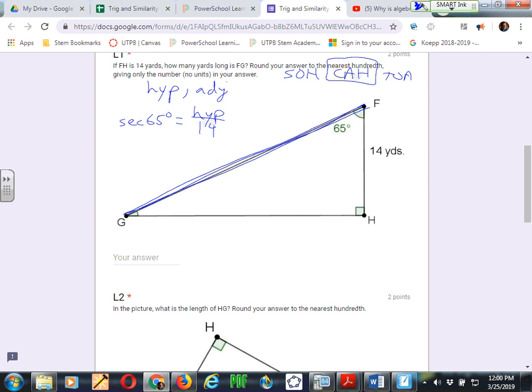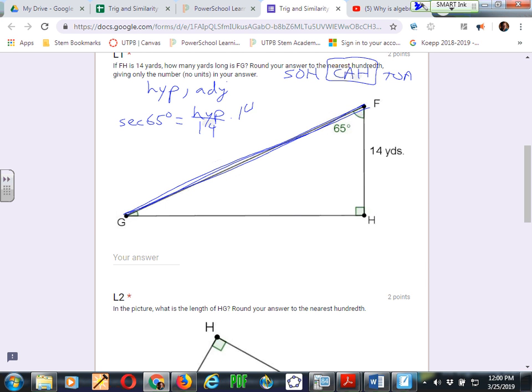So if I do it this way, the algebra is easier because all I've got is something I'm trying to find. When I divide it by 14, I get secant of 65 degrees. That looks like a complicated thing, but secant of 65 degrees is just a number. So what I can do here is, how do I undo division by 14? Multiply. I multiply by 14.